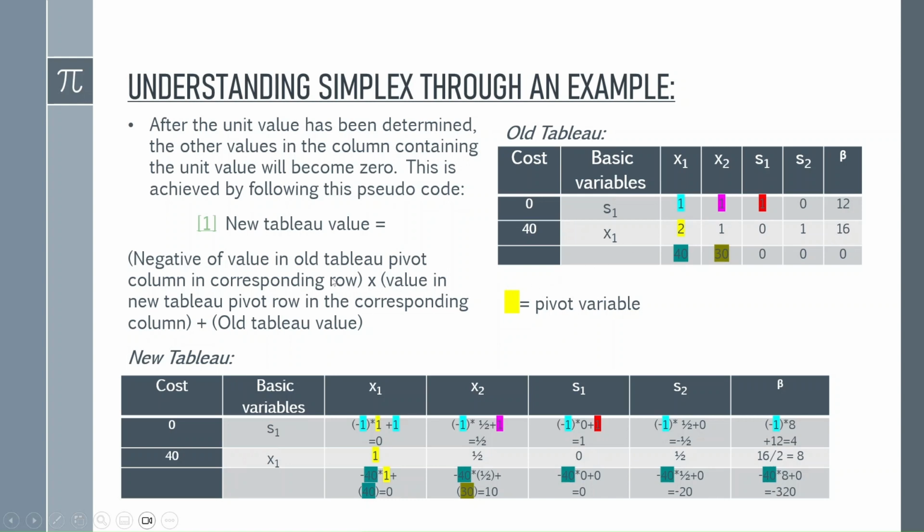The negative value of the old table pivot column in the corresponding row is minus of this one that is being highlighted in blue. So this is multiplied with the value in the new table pivot column corresponding column.